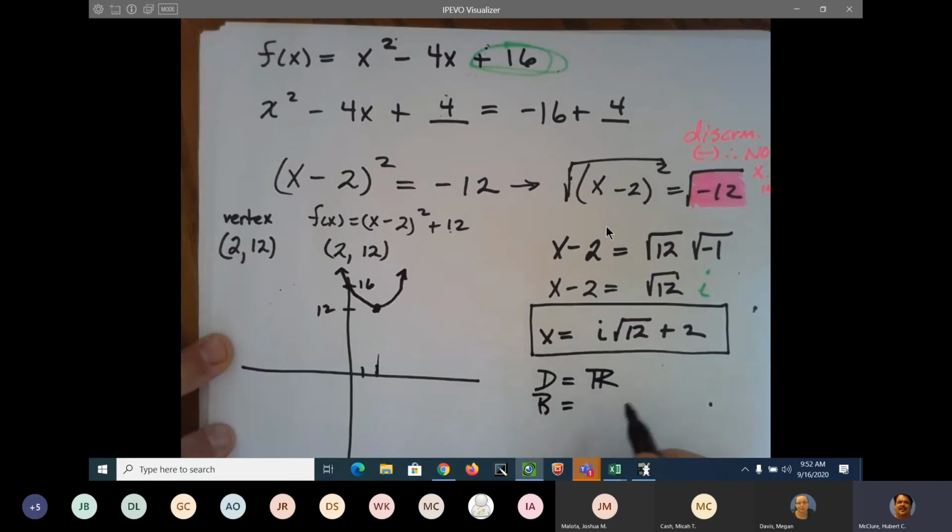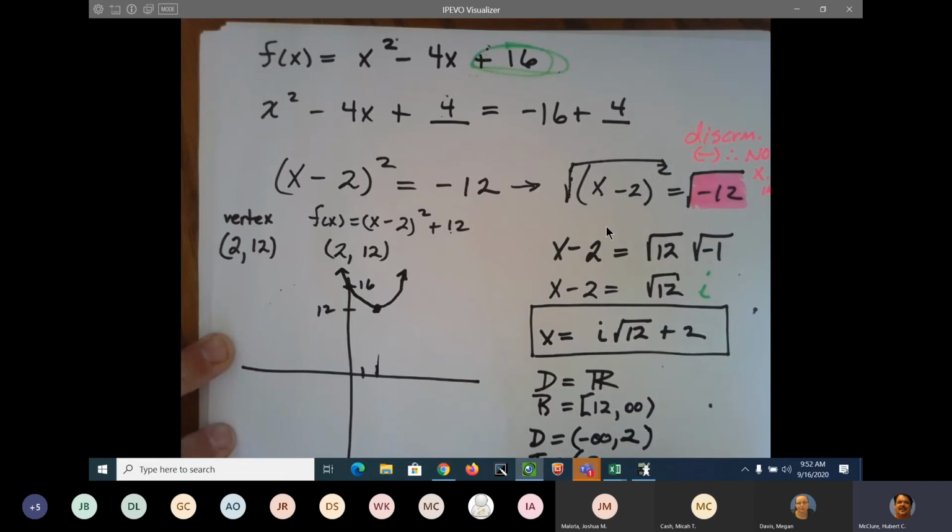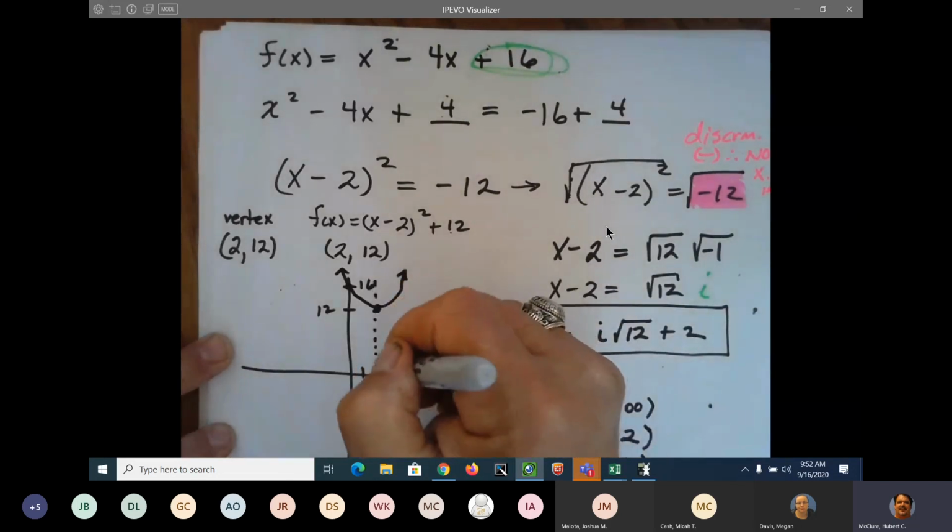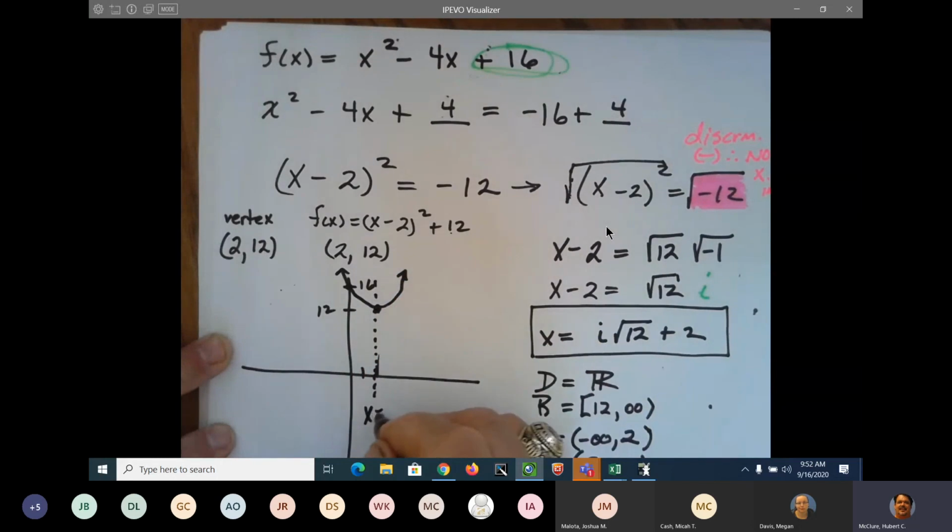Range is negative 12 to infinity. Decreasing from negative infinity to positive 2, increasing from positive 2 to infinity. Line of symmetry always goes through the vertex, and that's x is equal to 2 for the line of symmetry.